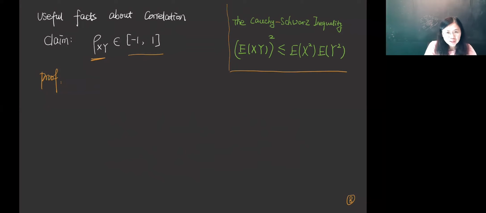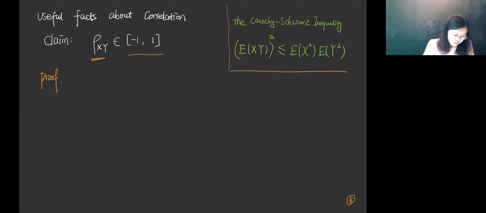There is a proof in our textbook for the Cauchy-Schwarz inequality. It's not very hard to read, but we're not going to go through that. The Cauchy-Schwarz inequality is one of the very useful inequalities that we use in proving theorems in econometrics. If you're interested, you can have a look at the textbook for the proof. But now we're just going to use the Cauchy-Schwarz inequality to prove that the correlation is between -1 and 1.